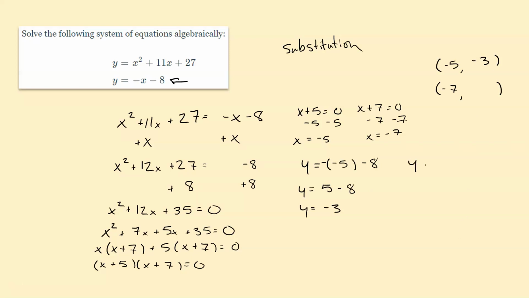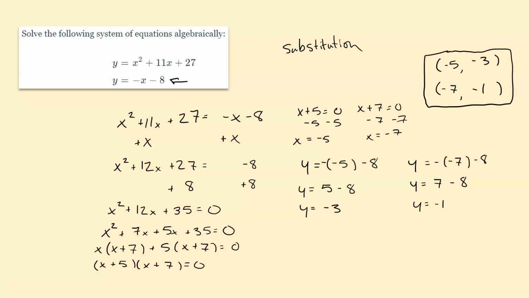Now I'm going to do the same thing with my -7. Minus a -7 is a +7. And then 7 minus 8 is -1. And that's it.